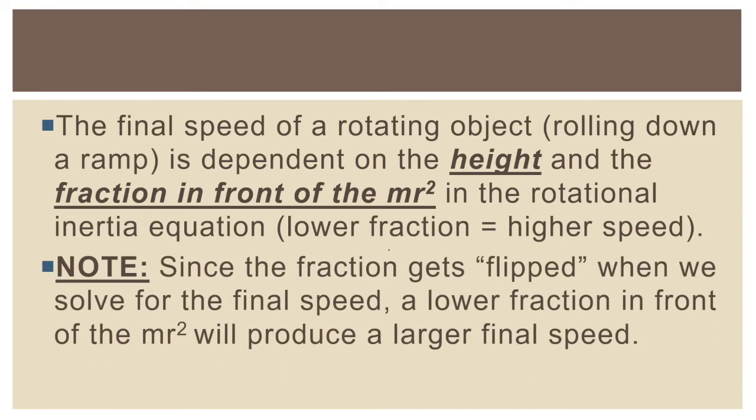When we solve for the final speed, that lower fraction in front of the mr squared will end up producing a larger final speed, specifically because the fraction gets flipped. Notice 2/5 is smaller than 1/2. But when you flip over 1/2, you get 2. And when you flip over 2/5, you get 5 over 2, which is 2.5. That's the point. Take a second to pause this video here and write that down. And when you hit play, we'll move on.